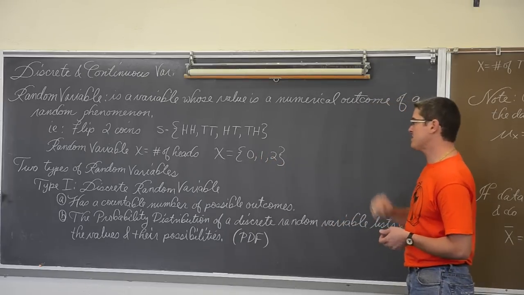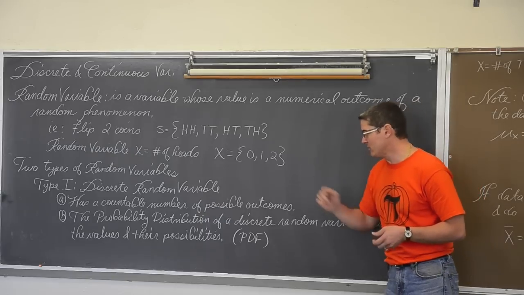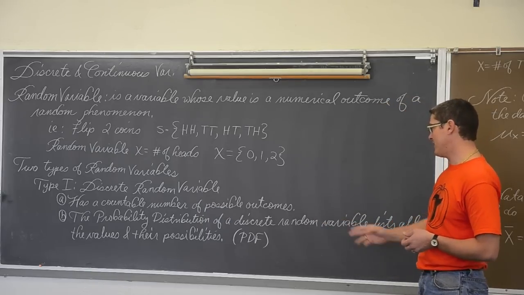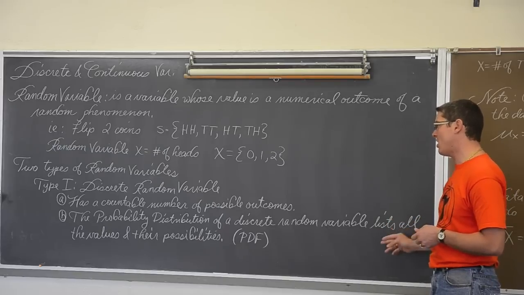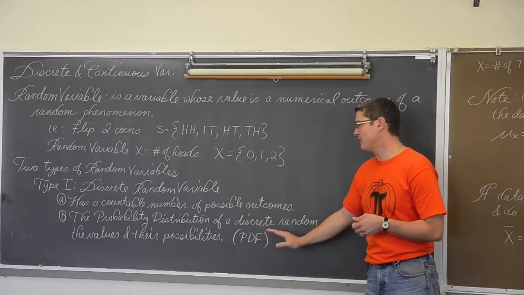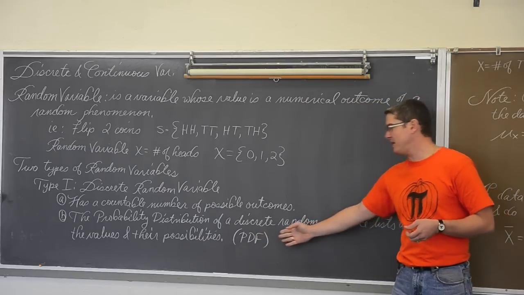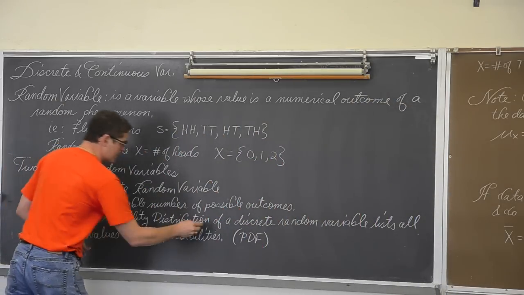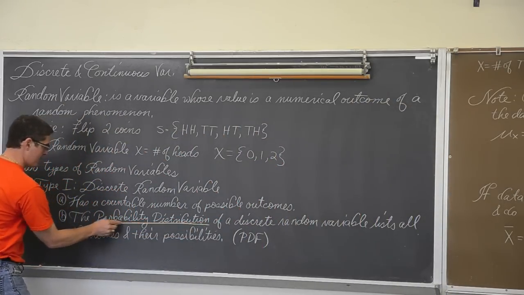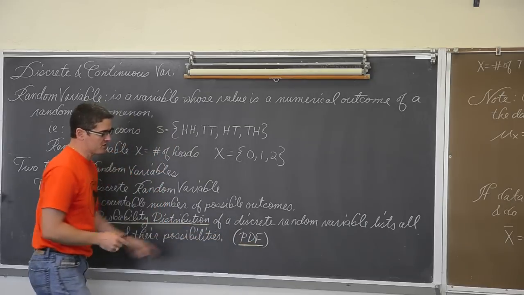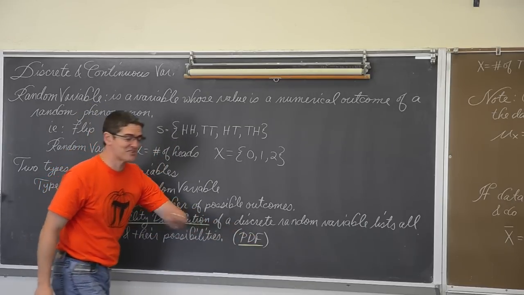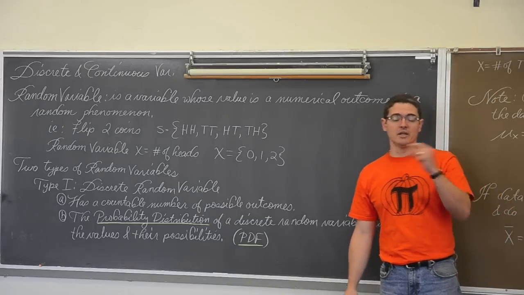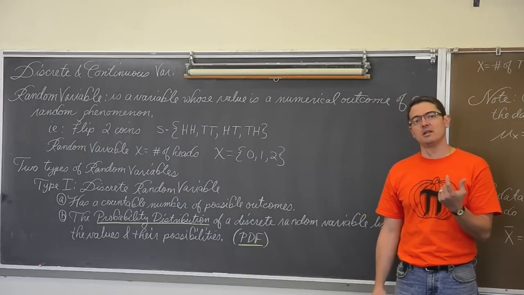So a discrete random variable has a countable number of possible outcomes, and the probability distribution of a discrete random variable lists all of the values of their possibilities. Basically a PDF, the probability distribution, and the F stands for function, probability distribution function. That's basically the same thing as your probability model, where you list all the outcomes and their probabilities.